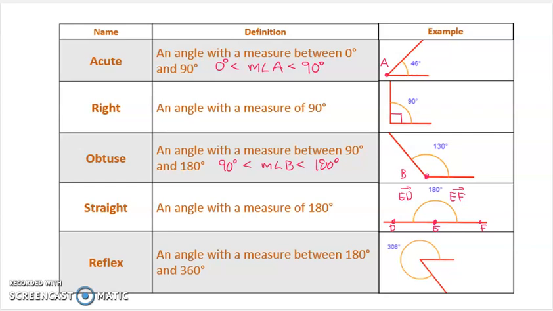Lastly, a reflex angle. When we talk about angles, the protractor postulate says every angle has a measure associated with it between 0 and 180 degrees. So for this angle down here, I'll call this angle G, you can say the measure associated with angle G is this right here.